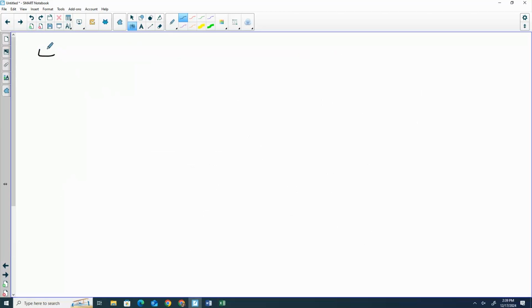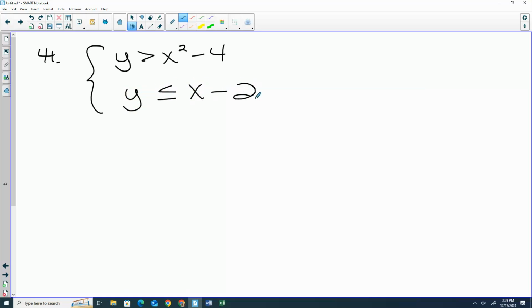41 is asking us to graph a system of inequalities. X squared minus 4. What does that graph look like?